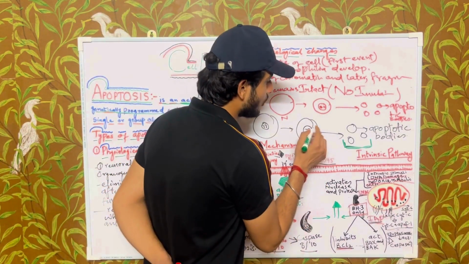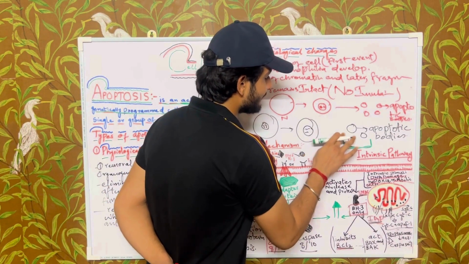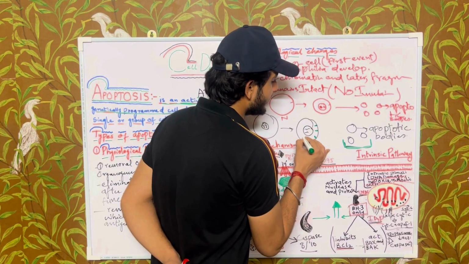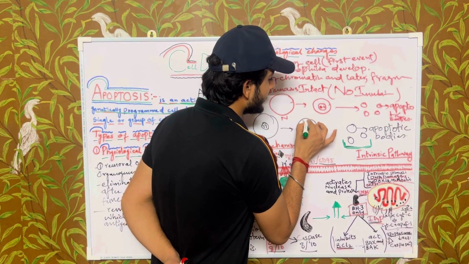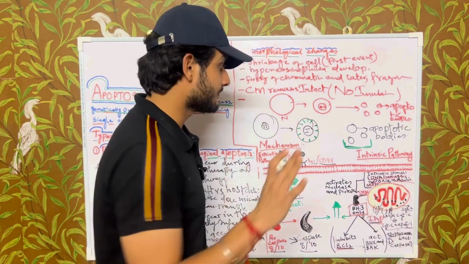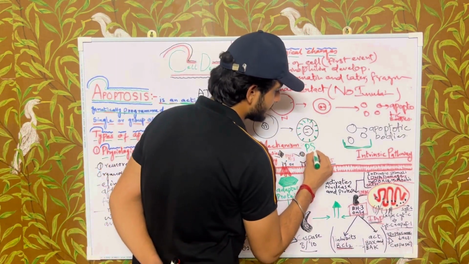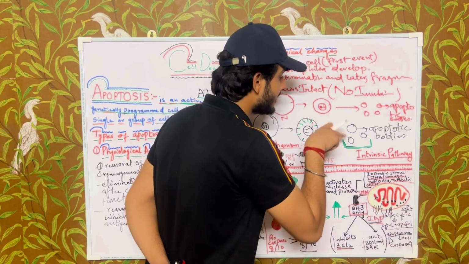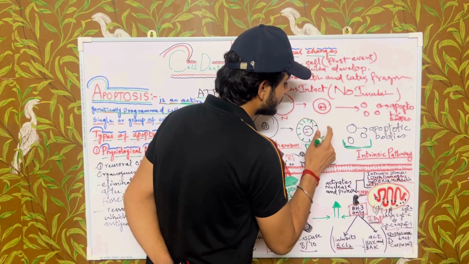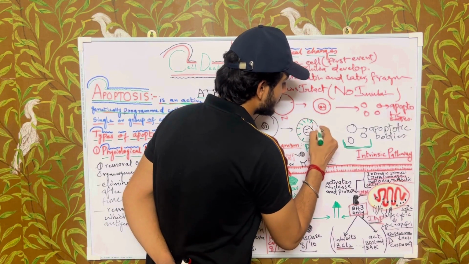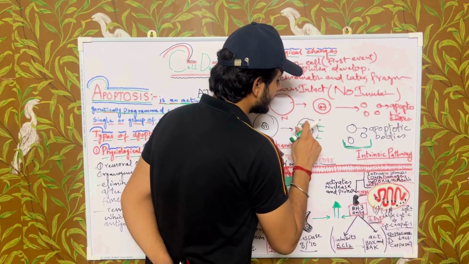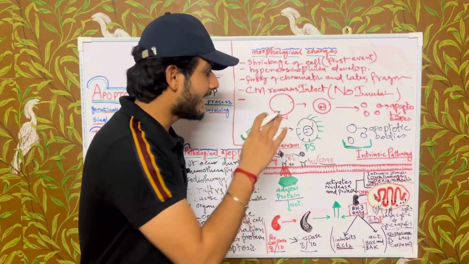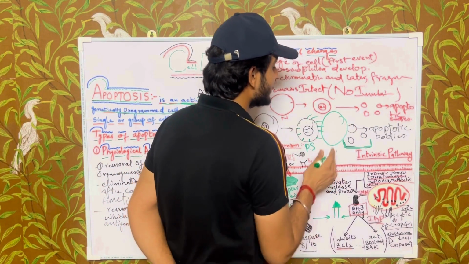How? We know that in normal cells, phosphatidylserine is present at the inner leaflet of the cell membrane. But in the apoptotic bodies, this phosphatidylserine flips to the outer leaflet and is then recognized by the efferocytes.